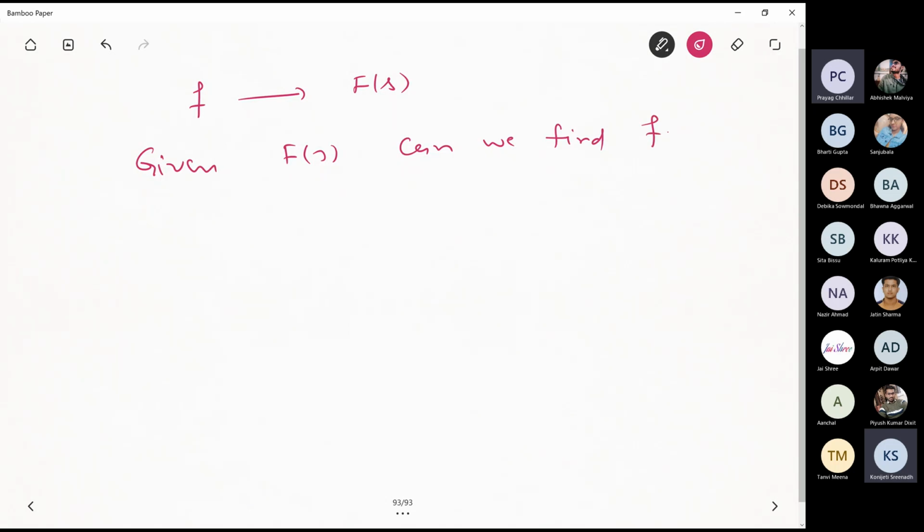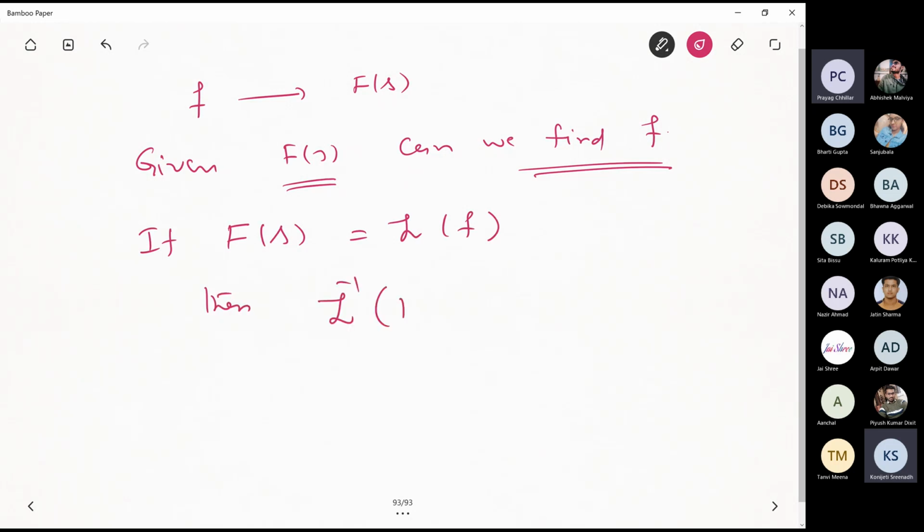Okay, so it's not always that you have a formula for this. You don't have an explicit formula like the formula that we have for finding the transform. So the way to write it is that if F(s) is the Laplace transform of f, then the inverse Laplace transform of big F is nothing but small f(t). So this is the way to write the inverse Laplace transform.